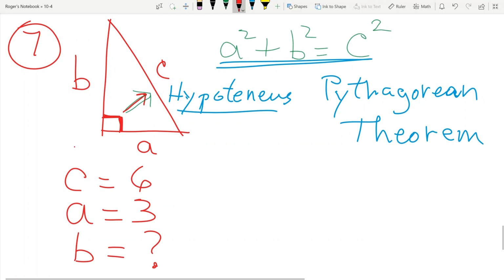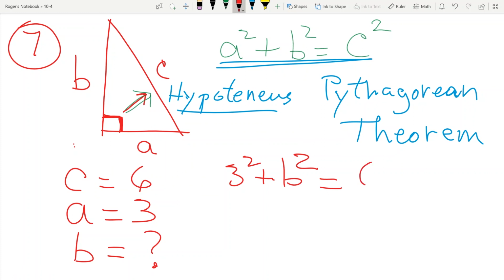Well, a squared plus b squared equals c squared. So here we go. 3 squared plus b squared is equal to c squared.